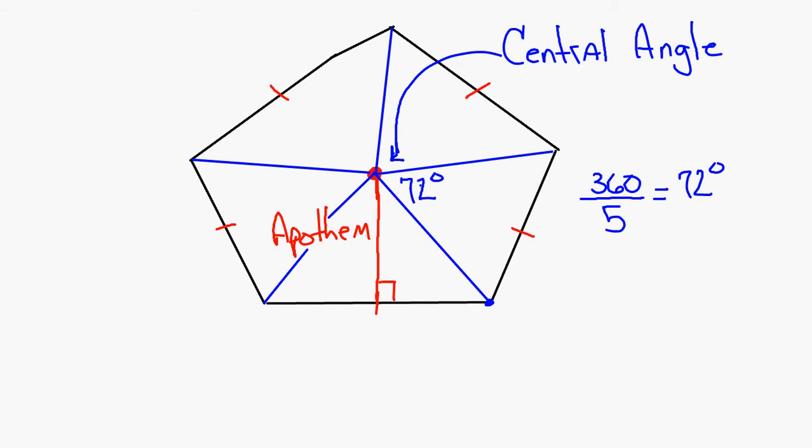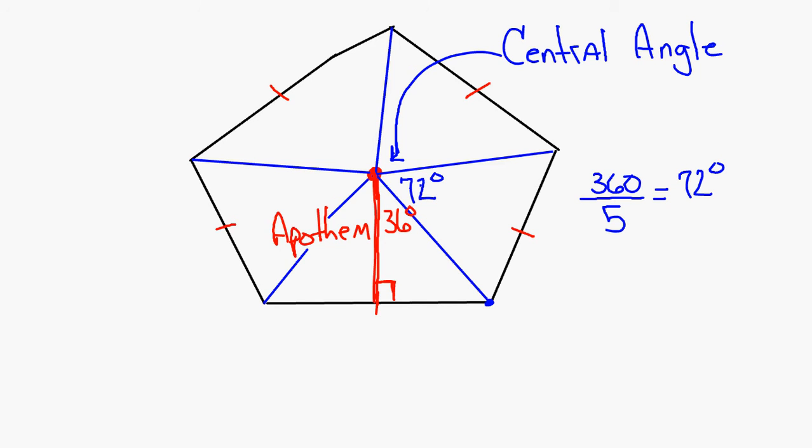Here's where it gets more useful. When you take this apothem, that is the distance from the center to the side of a triangle at 90 degrees, it's an angle bisector up here. Okay? So what is this little angle in this little triangle inside of the polygon? 72 divided by 2. So this angle right here is 36 degrees. And that's where all of this is going to hopefully start to make a little bit more sense.